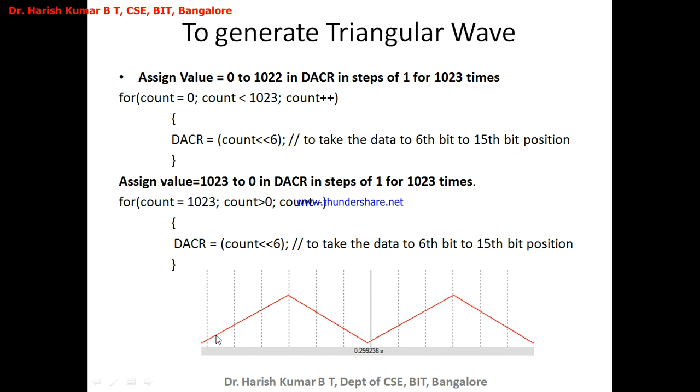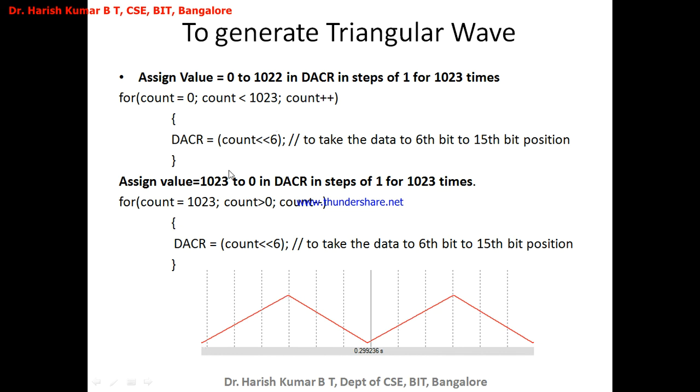Why is it coming this side and not going vertically upward? Because this is with respect to time. When you plot the first point in the first iteration, and before plotting the second point in the second iteration, the time will move and it comes here like this. So this is 0 and this is 1023. So many 1023 points you have written here.